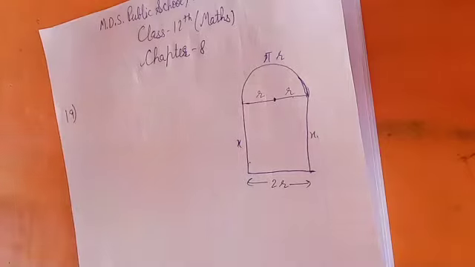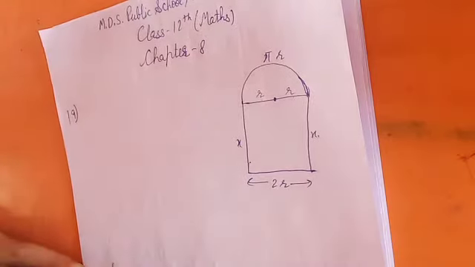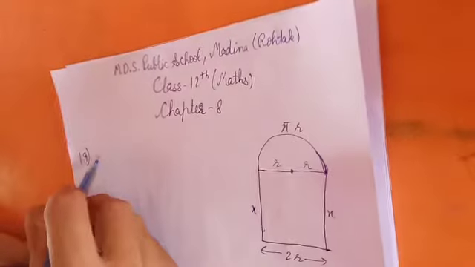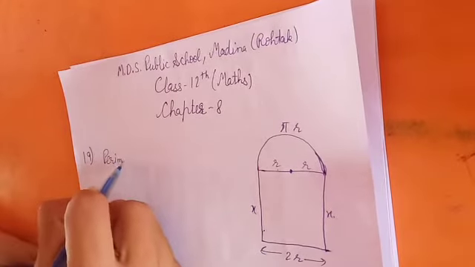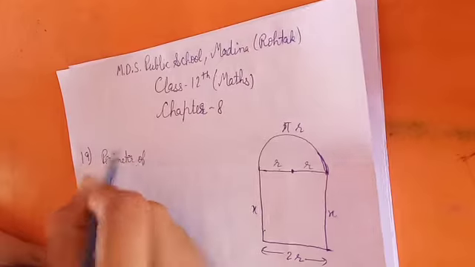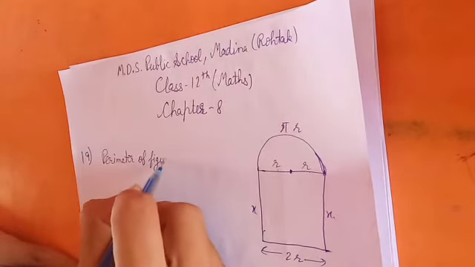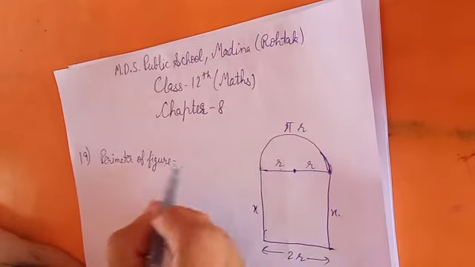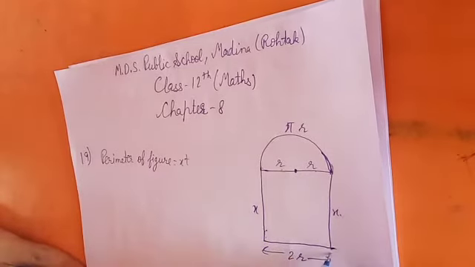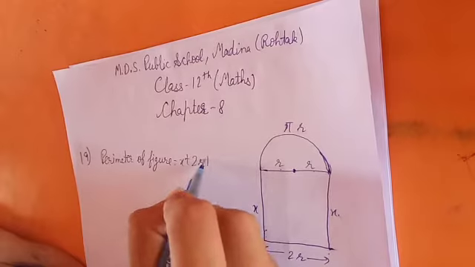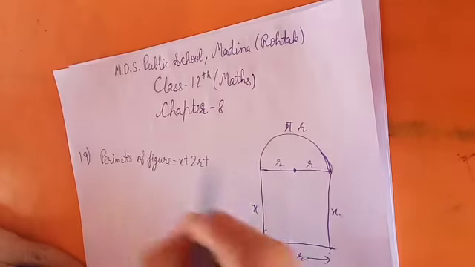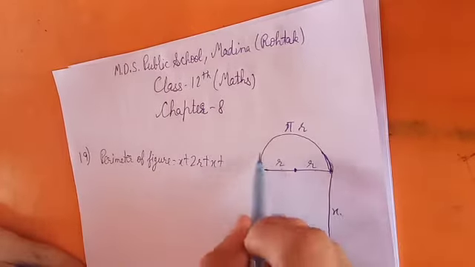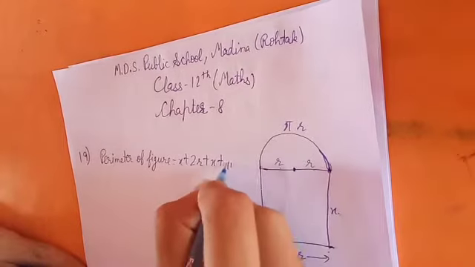First of all, what will be the perimeter of this figure? Perimeter of the figure is equal to this length x plus this length 2r plus this length x plus this length, that is pi r.